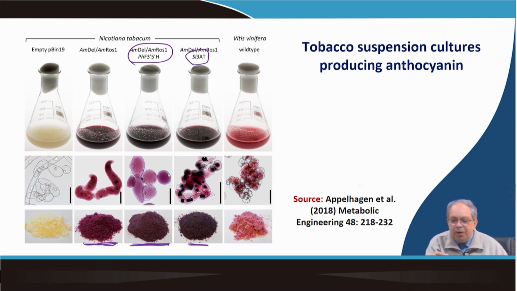They compared this with Vitis vinifera, which is known to produce anthocyanin. Cell cultures of Vitis vinifera with elicitation can produce anthocyanin at this level, but tobacco expressing these transcription factor genes along with the pathway genes can produce huge amounts of anthocyanins, and these anthocyanins they purified and used in different food products as well.